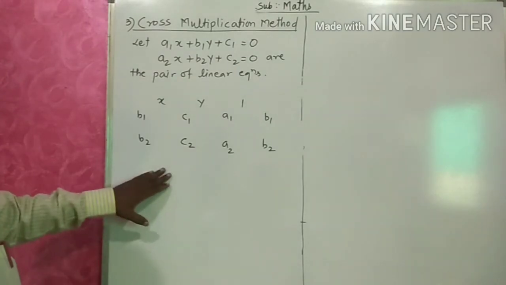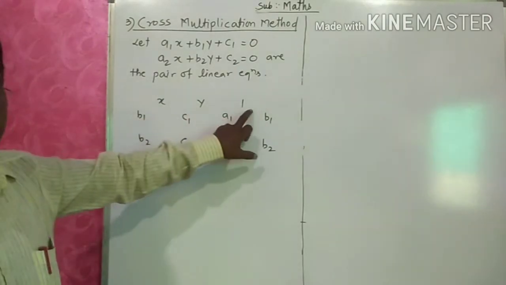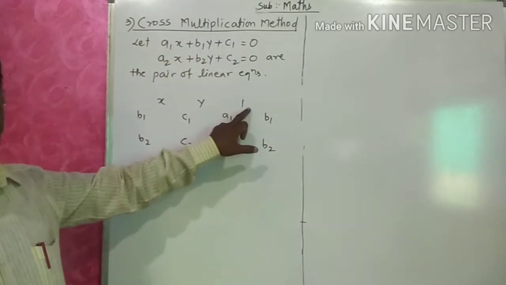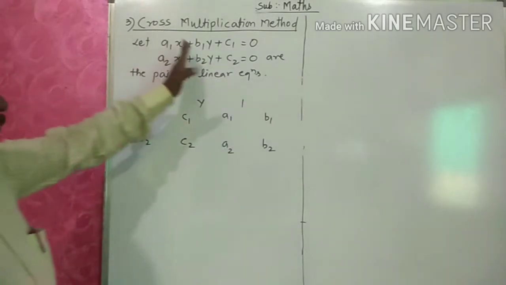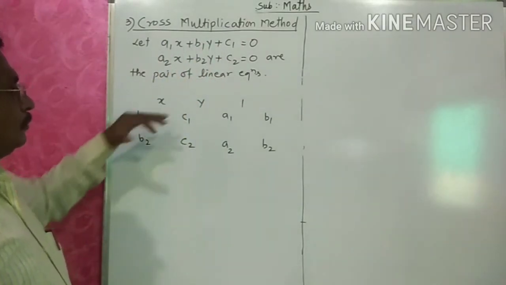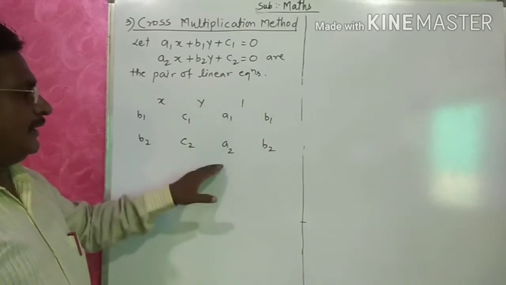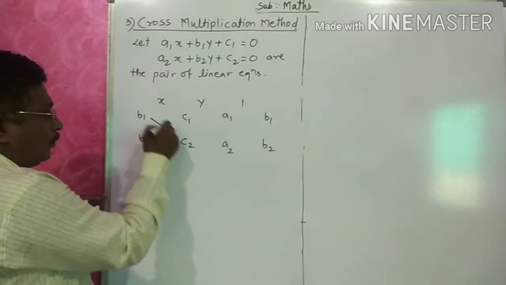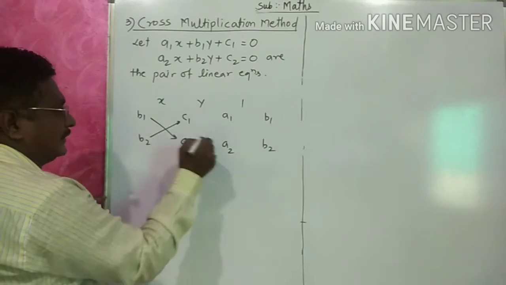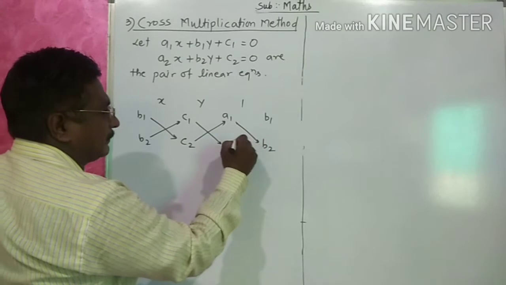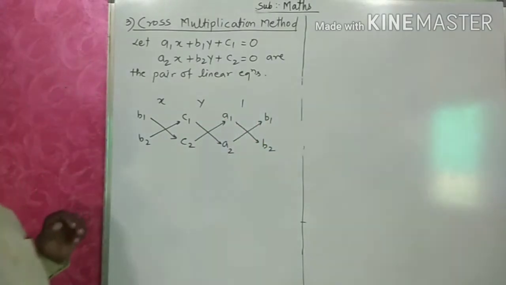How I wrote, understood? x, y, 1. x variable, y variable and constant 1 we are taking. Then from the coefficient of y we will start: b1, b2, c1, c2, a1, a2, b1, b2. Now in this way, this is called the cross multiplication.